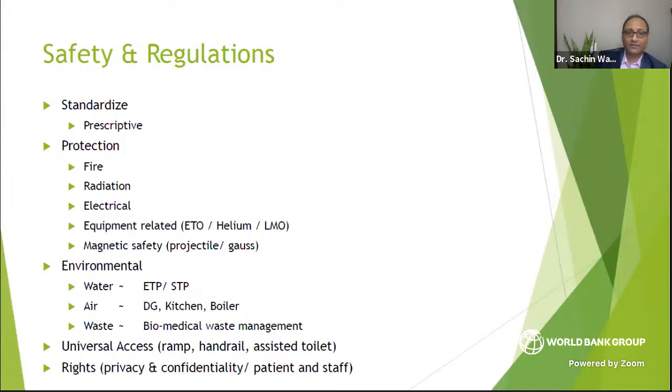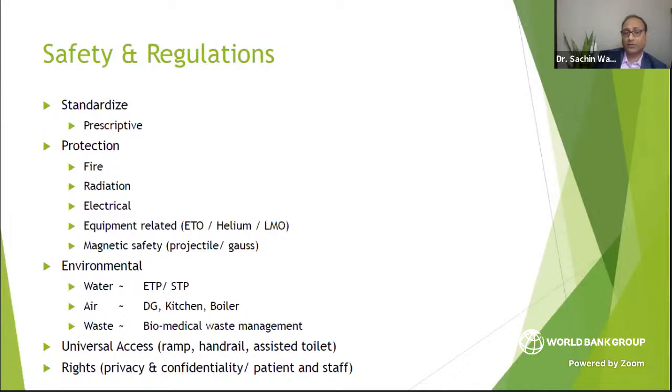So safety actually becomes an extension of the regulation. We all know about fire protection, the radiation safety guidelines that are there, electrical safety. Again, a lot of protection from equipment-related hazards, like your ethylene oxide, which is a carcinogen, or maybe the helium escape, or even the liquid medical oxygen, which may not be inflammable, but it is definitely combustible.